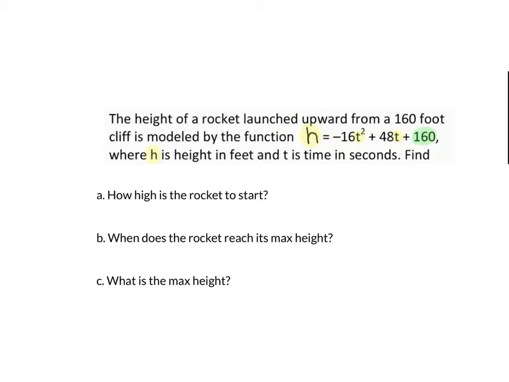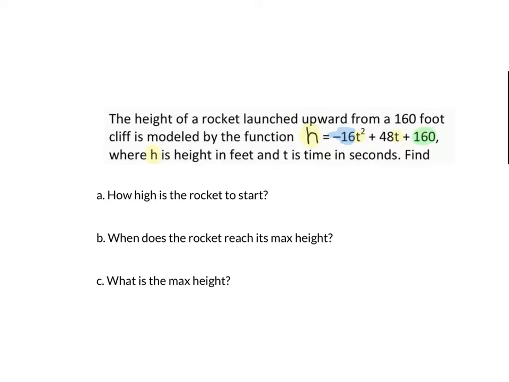So let's look at a problem for that. The height of a rocket launched upward from a 160-foot cliff is modeled by the function h equals negative 16t squared plus 48t plus 160. So right there we can see that a is negative 16.